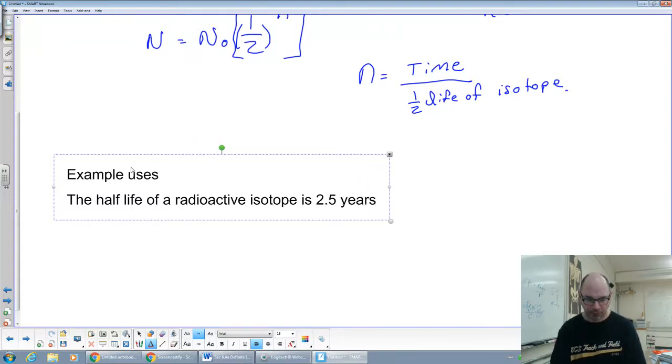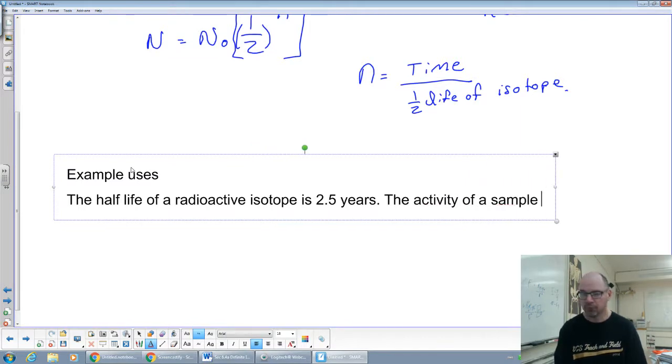The activity of the original sample is 3.25 times 10 to the 3 becquerels.